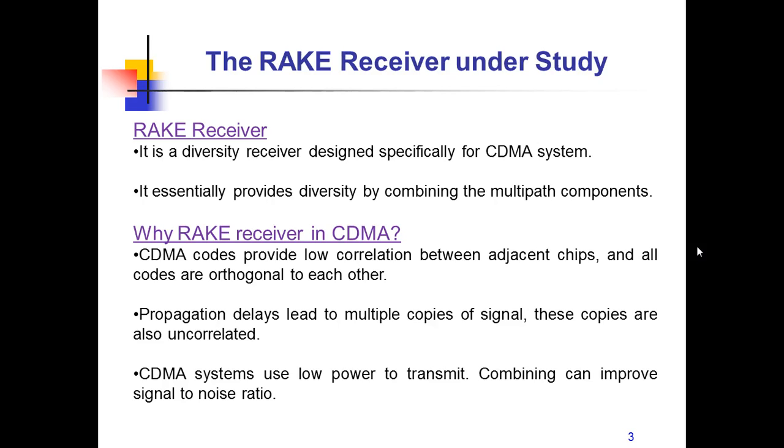Thirdly, since every user in a CDMA system uses the same frequency at the same time, in order to control the interference, the transmitting power needs to be strictly controlled. If the receiver can provide diversity combining, the sum of the energy in multipath components is larger than that in one component. Thus, diversity combining can improve the signal-to-noise ratio, which directly affects the bit error rate.